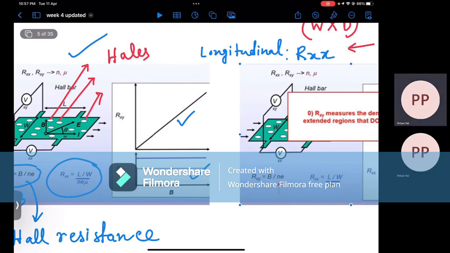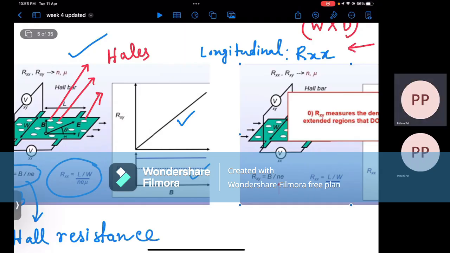When I integrate the transverse electric field, I get the same value independent of the sample geometry.